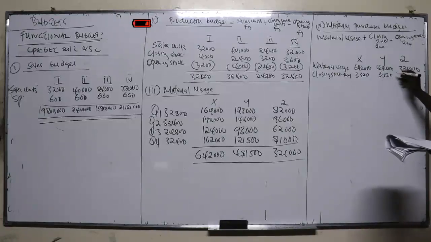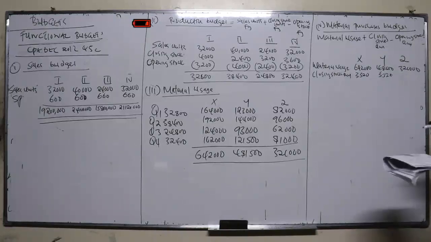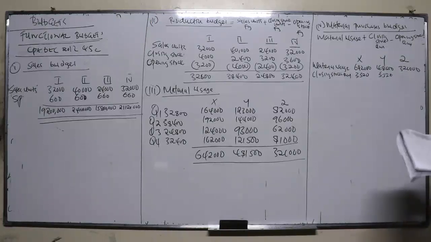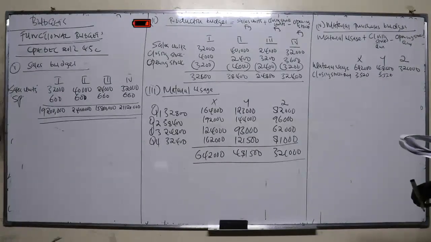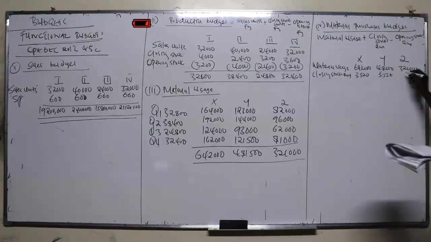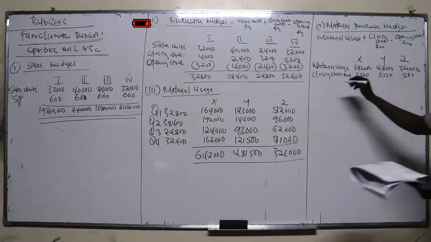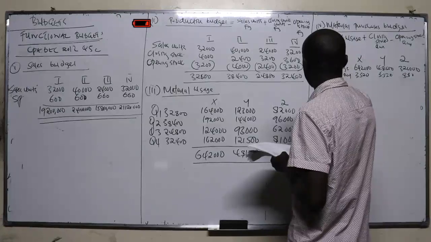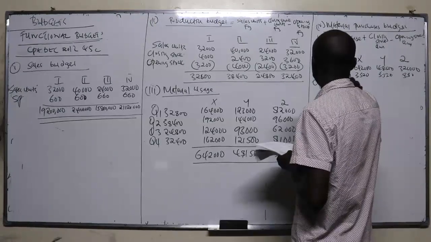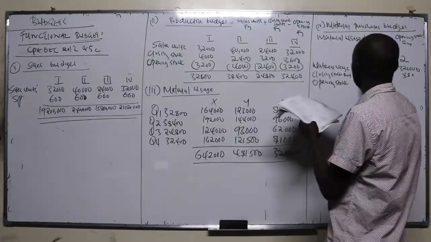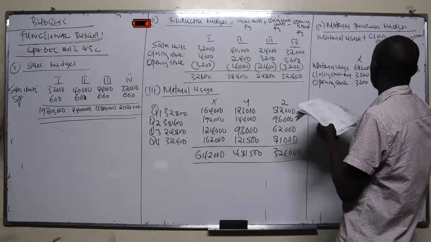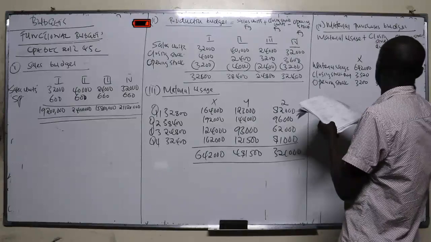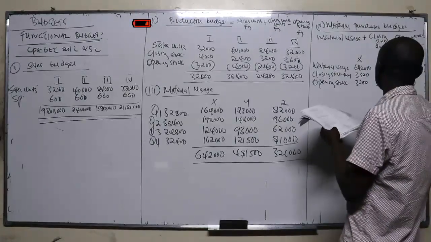And the last one, 10%, 1.1 times 800, 880. Then we less opening stock. Opening stock is 3,200, 5,200, and 800.